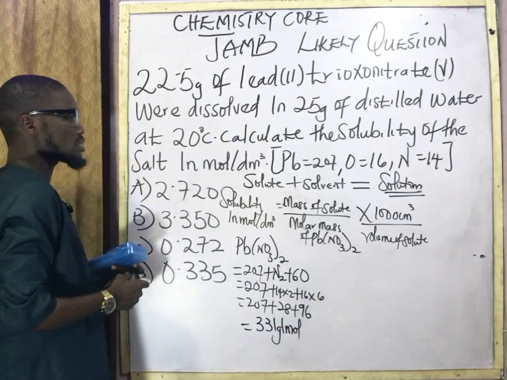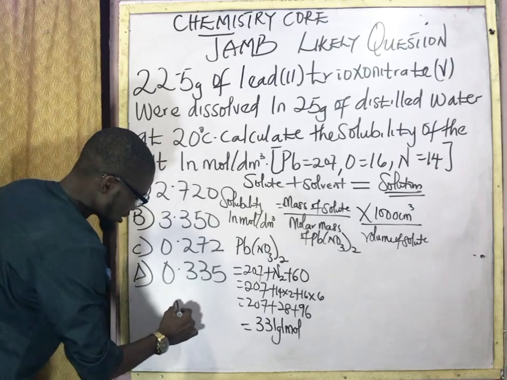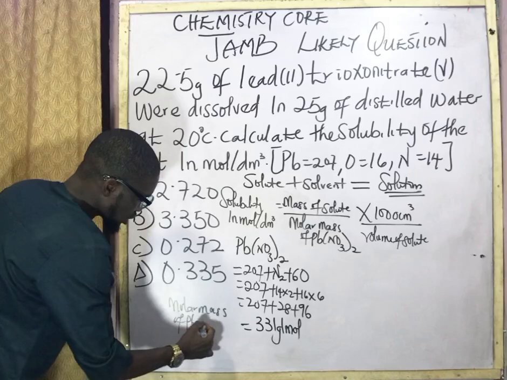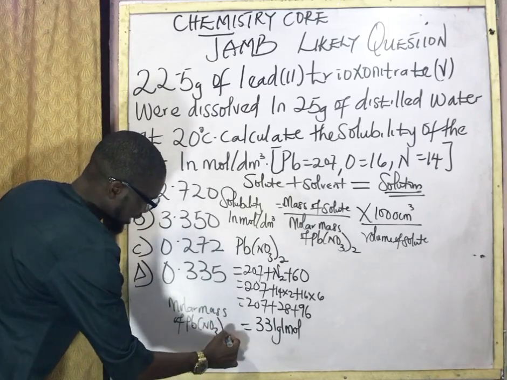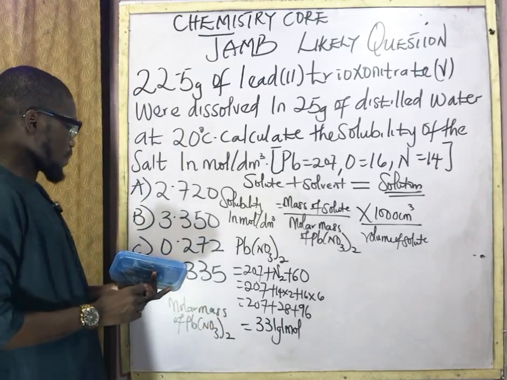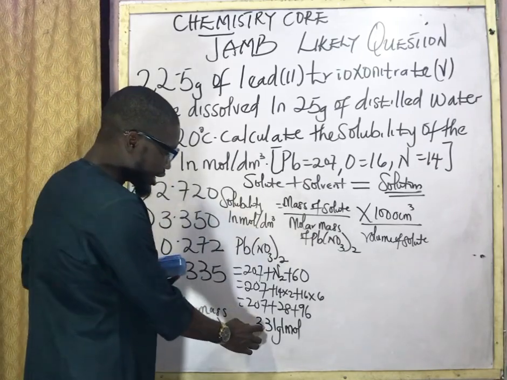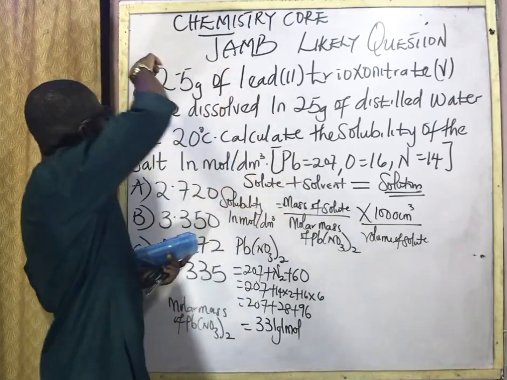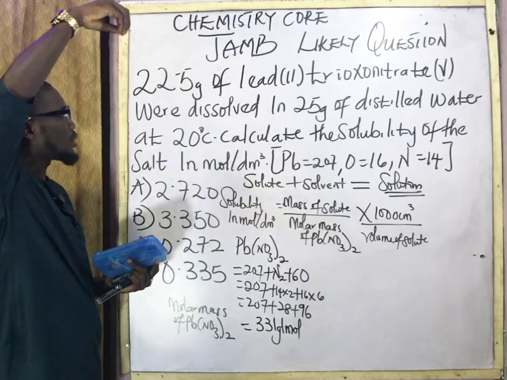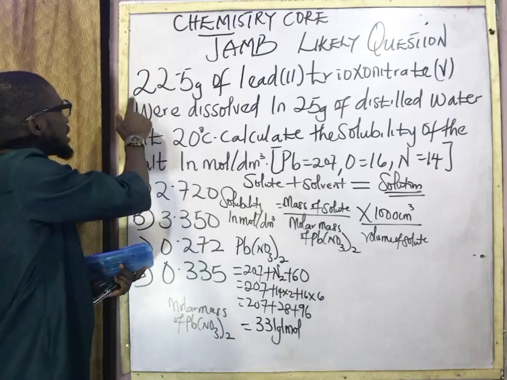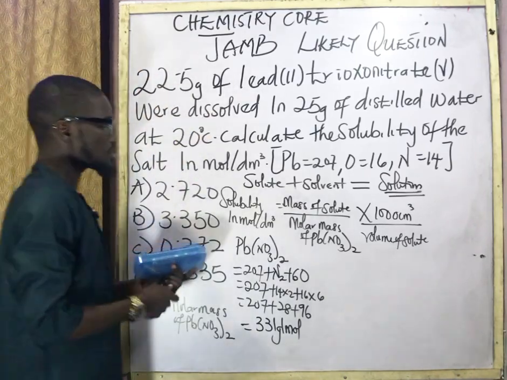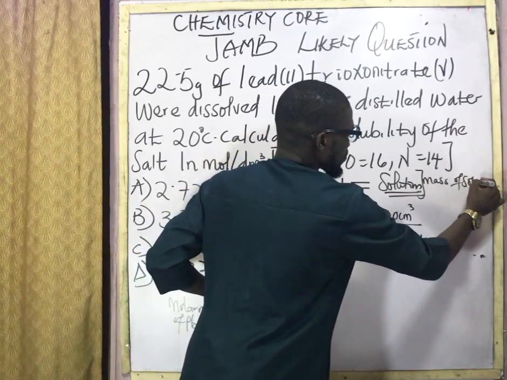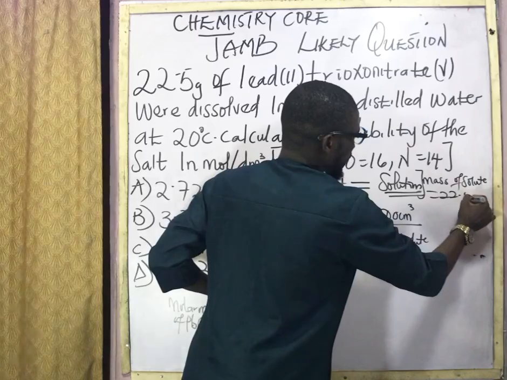So we can take this to be the molar mass of lead(II) trioxonitrate(V). So the molar mass is given to be 331 gram per mole. Guys, what is the mass of the solute? Back to the question. 22.5 gram of lead(II) trioxonitrate(V). This will represent the mass of the solute. So we said mass of solute equal 22.5 gram.